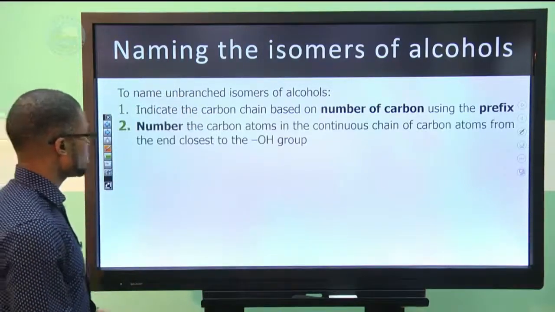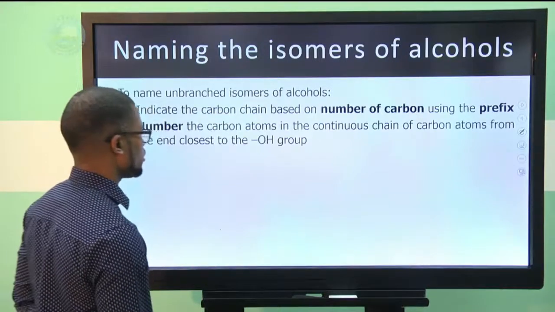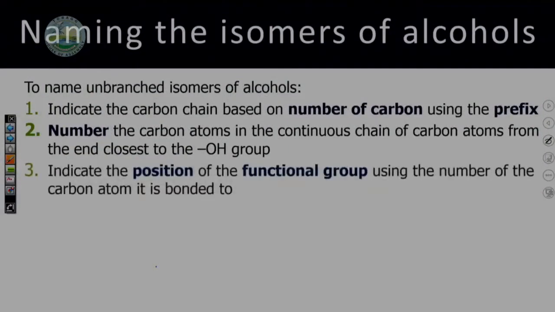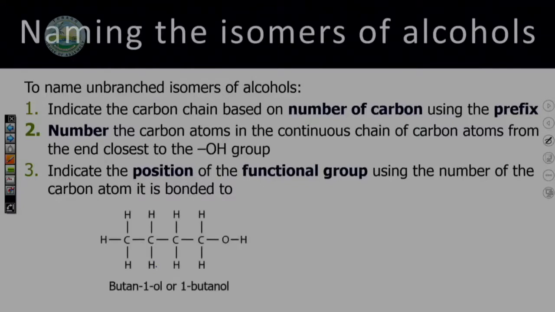The second one says number the carbon atoms in the continuous chain from the end closest to the OH group. We're going to demonstrate that just now. And the third one, we said indicate the position of the functional group using the number of the carbon atom it is bonded to. So let's take an example.